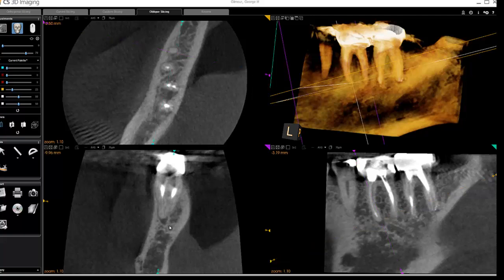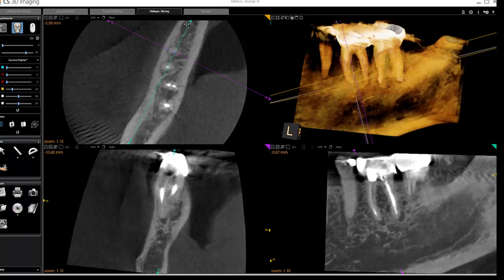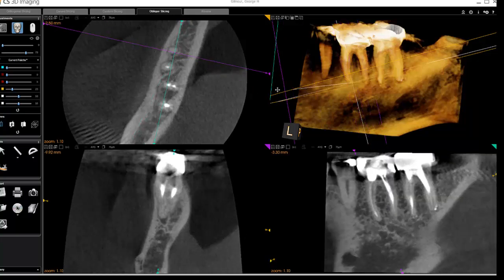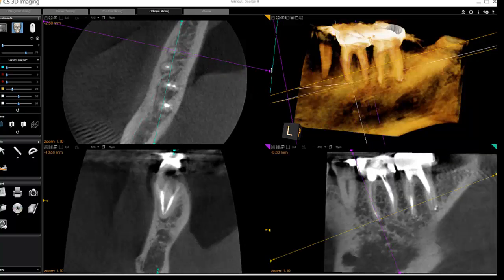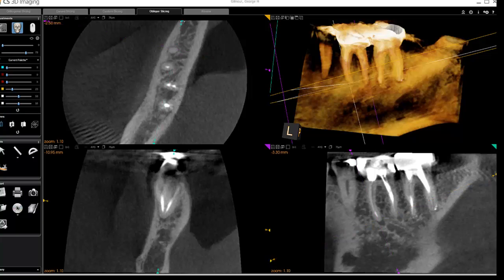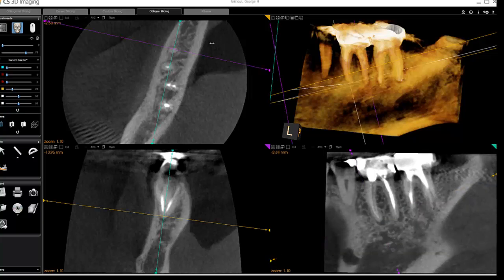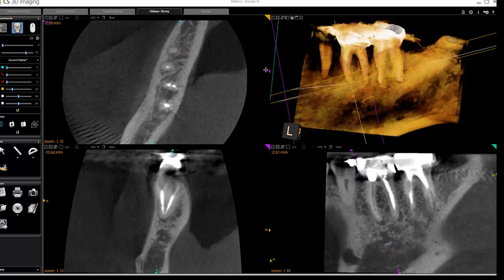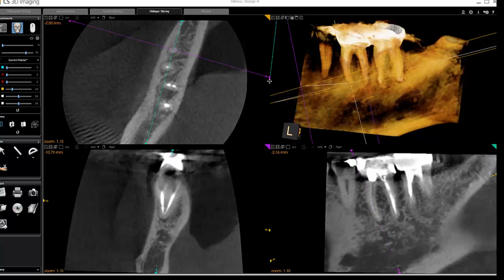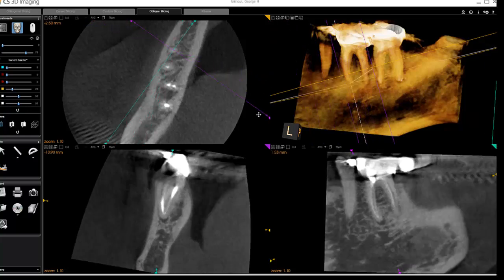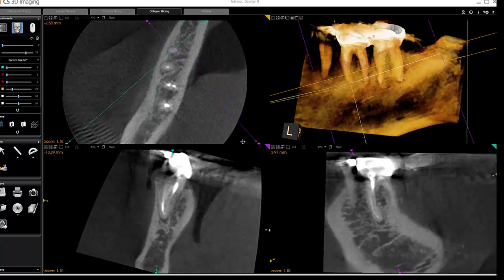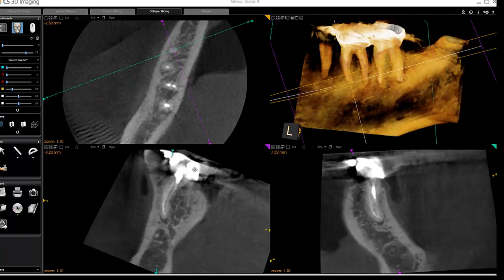Now let's slide through the plane back and forth like we did the other one, and that's kind of the dimension that it's the largest. You can see that in the frontal plane here. There's the largest extent of that radiolucency, some bone loss. So we have some furcation bone loss in this case, and a small area of bone loss at the apex of the mesial root.